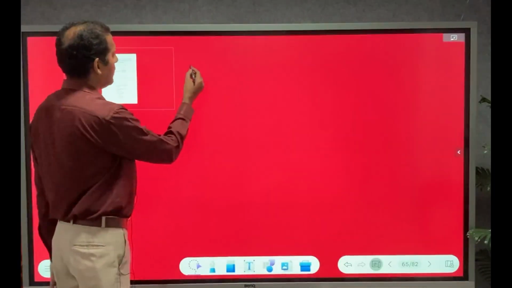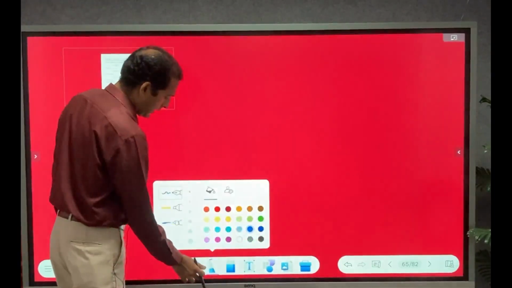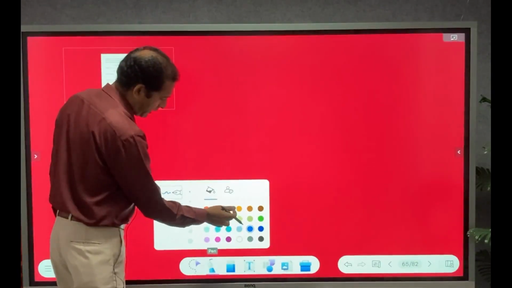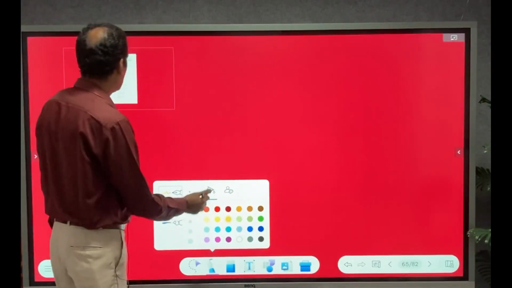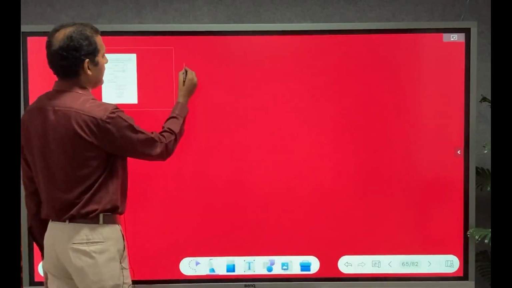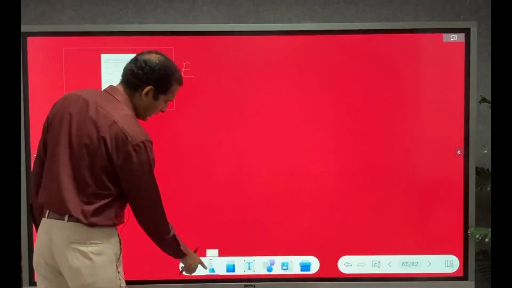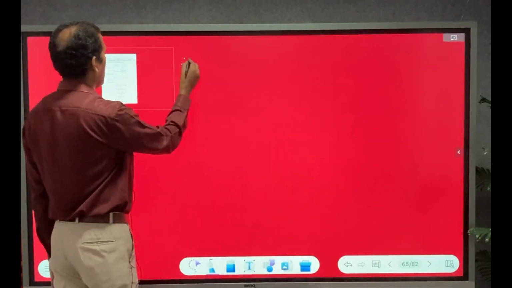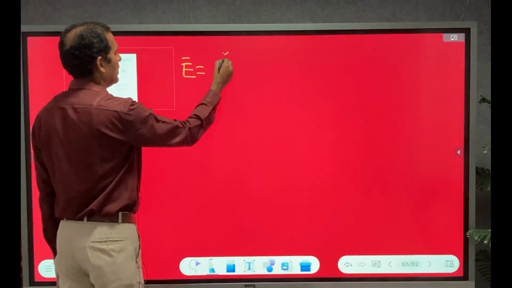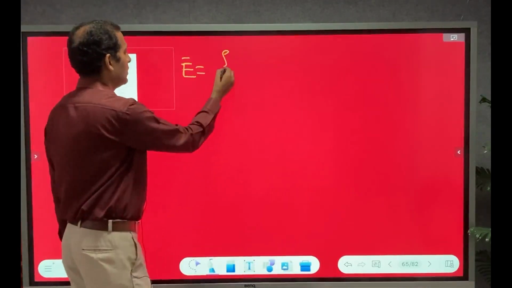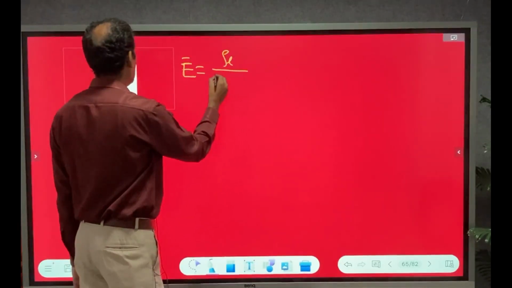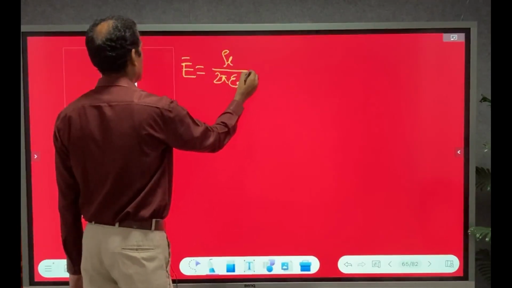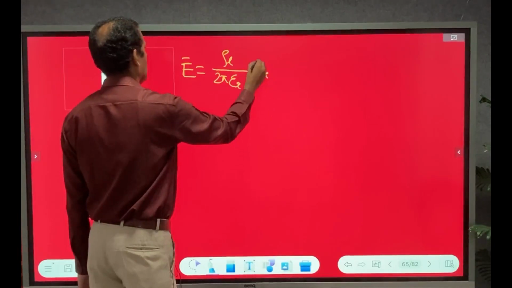So as coaxial cable is a line charge distribution, we have to refer to the formula for line charge distribution. If we consider the electric field intensity of line charge distribution, we get E bar is equal to rho L by 2 pi epsilon r into a_r cap.